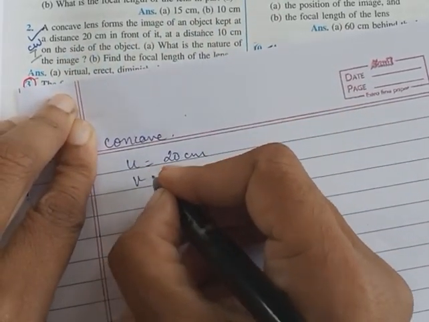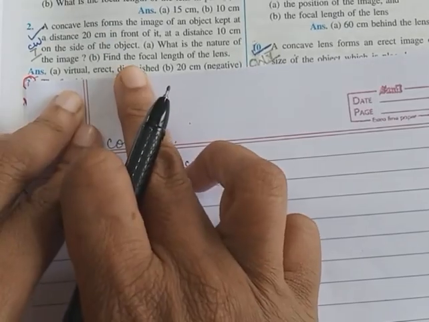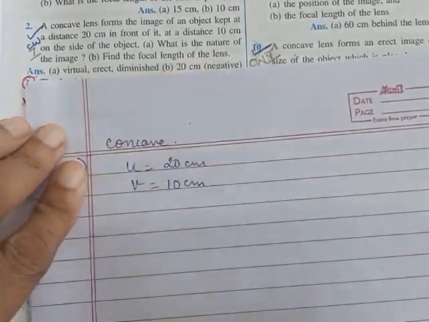Image is formed at a distance 10 centimeter on the side of the object. What is the nature of image? Find the focal length of the lens.